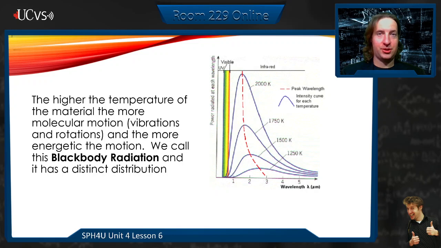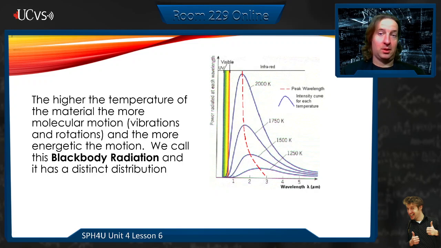The higher the temperature something is, the more kinetic energy is available internally. That's what temperature is. Temperature is the average kinetic energy internally of a material, how much energy is actually stored inside in the vibrations of the molecules. So the higher the temperature, the more energy there is, and the more energetic these vibrations can be.